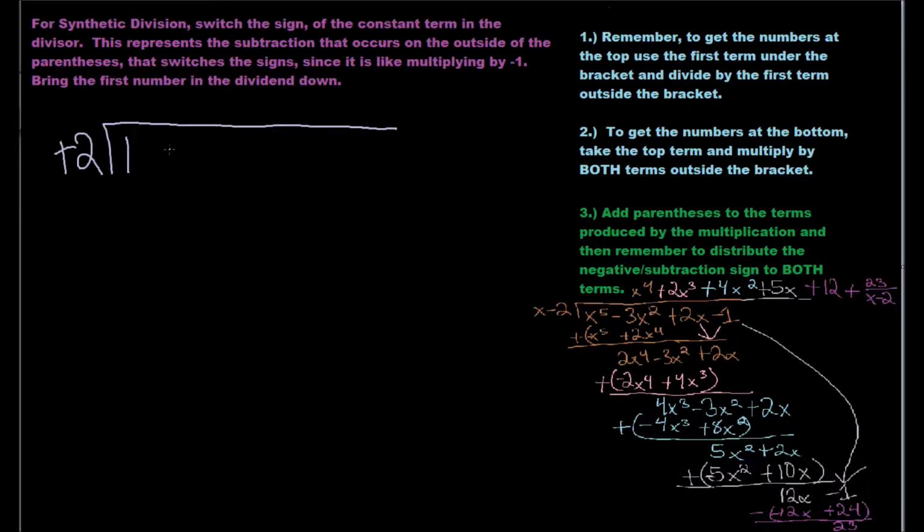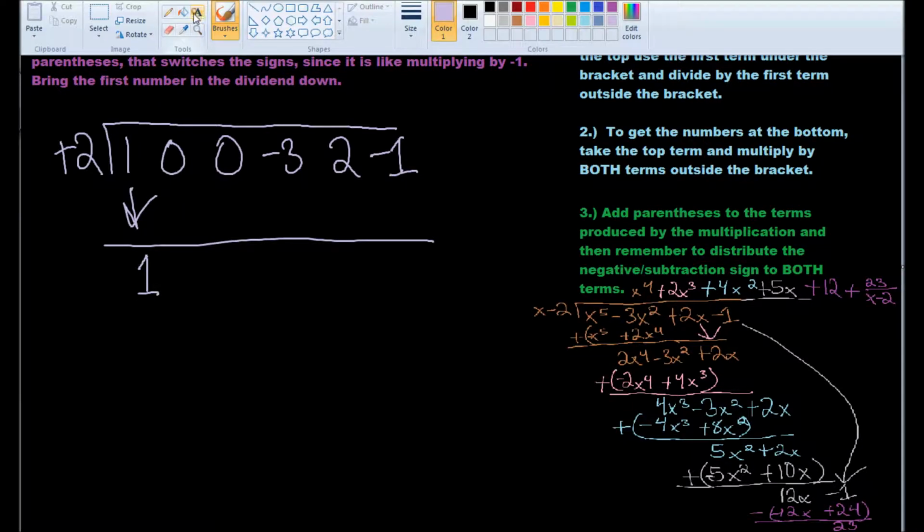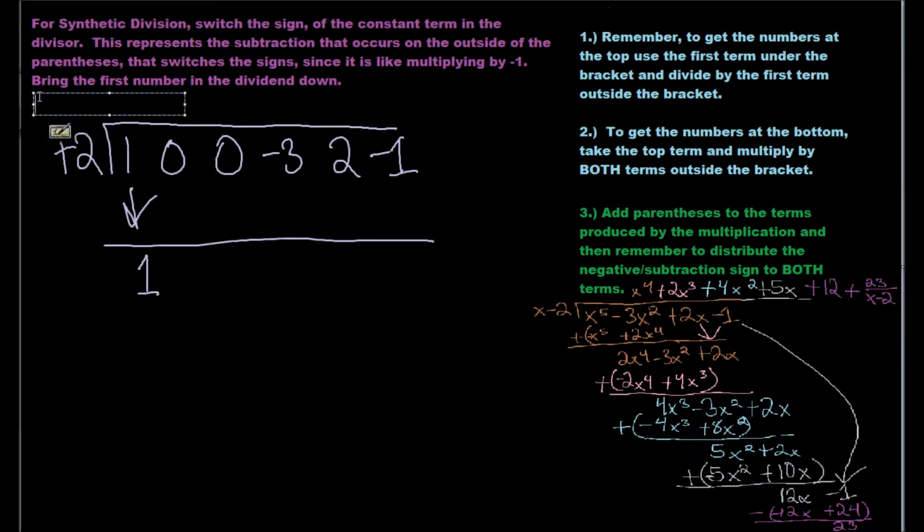Once that is done, you're going to take the 1, bring it down, multiply your divisor by the number you brought down, and put it up under the second term of your dividend, which in this case is 0. Then you add those two numbers together. In this case, you're doing addition because you already switched the signs of the divisor.